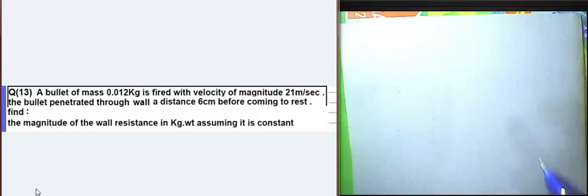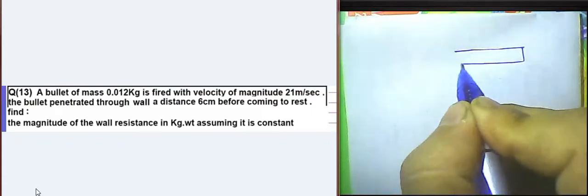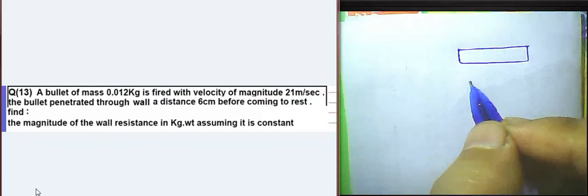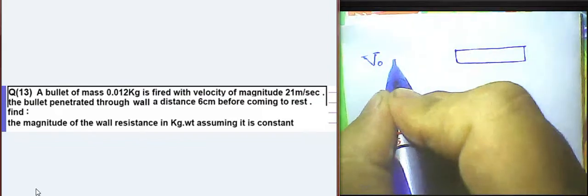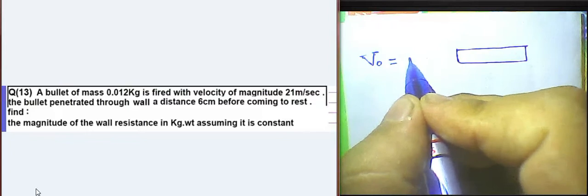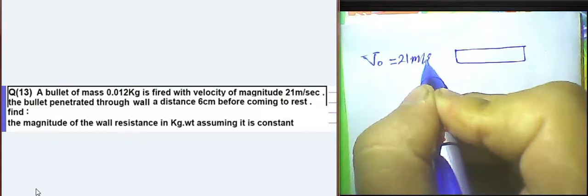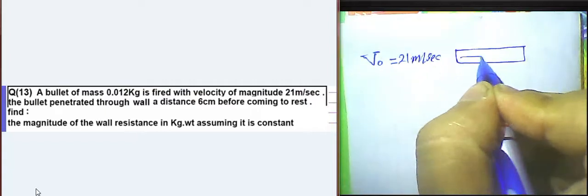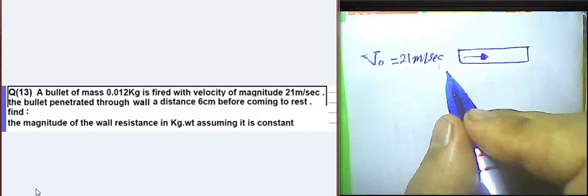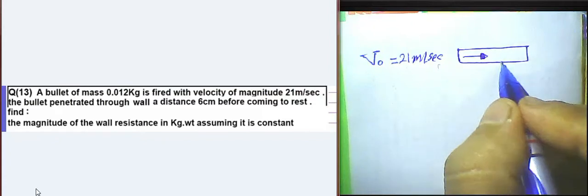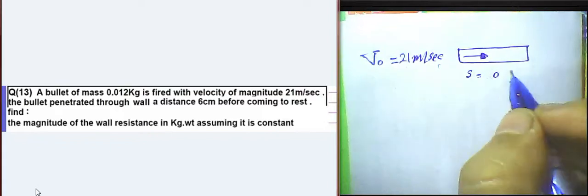Okay, we have here a bullet of mass fired with velocity equal 21 meter per second, through a wall distance 6 centimeter.